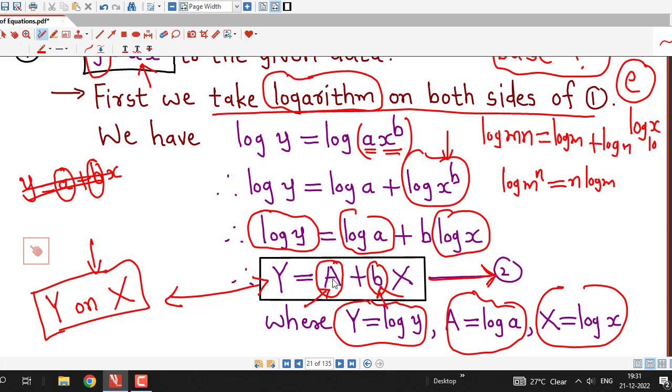So once we are able to decide this capital A and small b, we can obtain small a simply by reversing this.